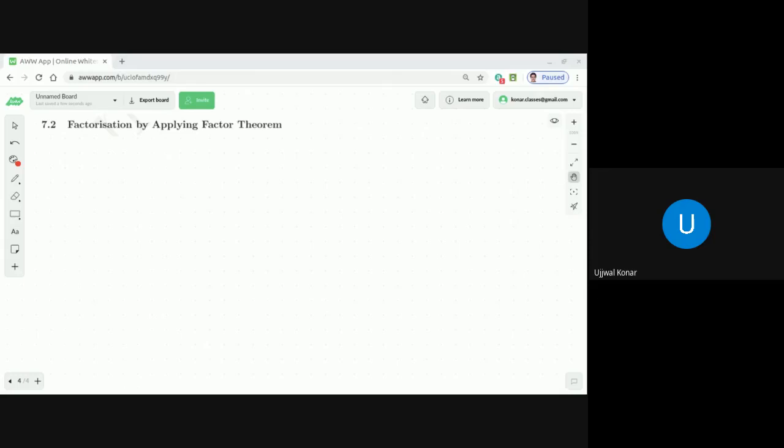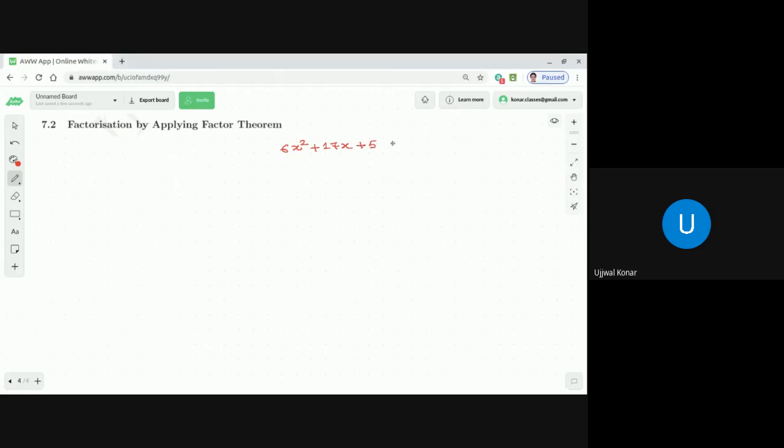So what we are going to do is 6x squared plus 17x plus 5. This is the polynomial expression which we are going to factorize leveraging the factor theorem.